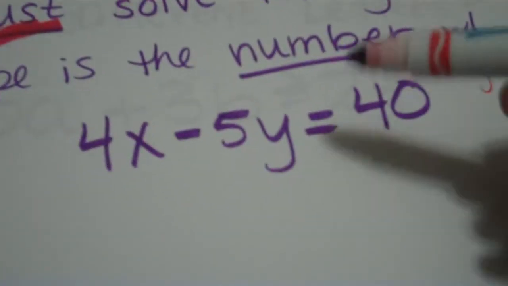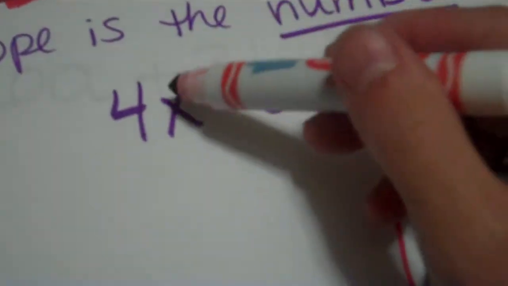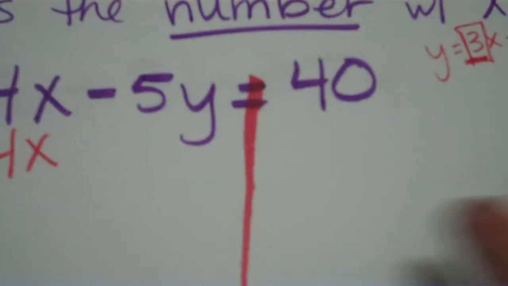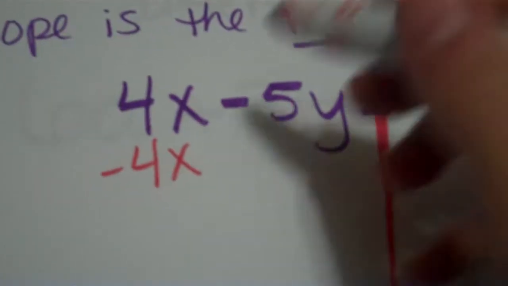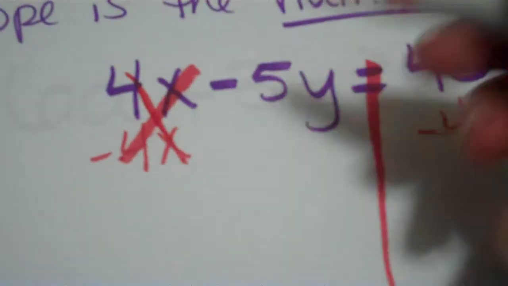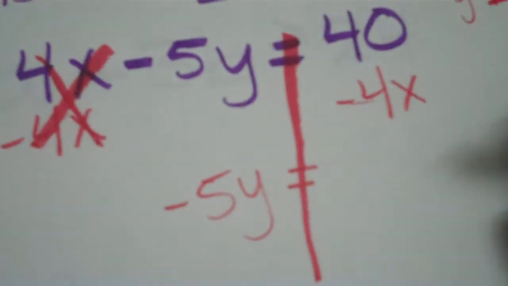So let's solve this for y. So I draw my line. I'm solving for y. I'm getting rid of 4x. The opposite of positive 4x is negative 4x. Whoa. On both sides. Okay, this goes away. You're left with negative 5y equals.